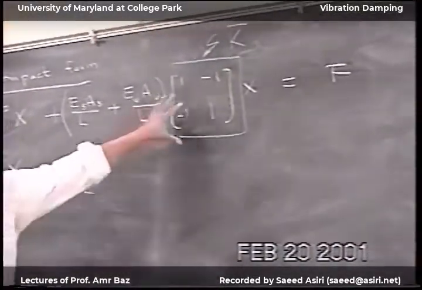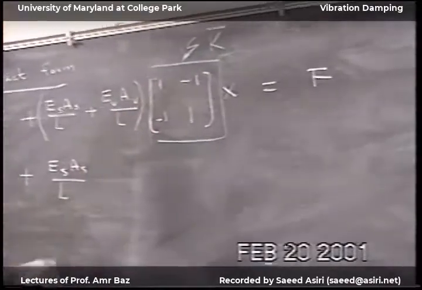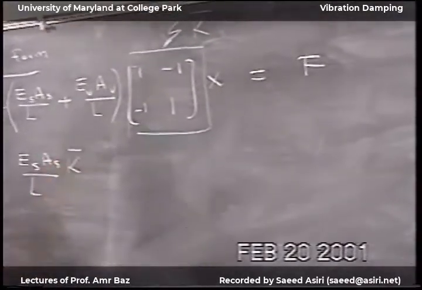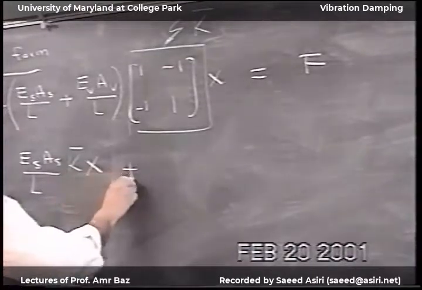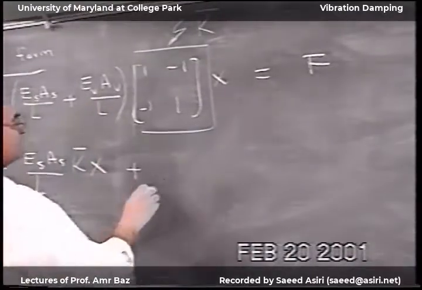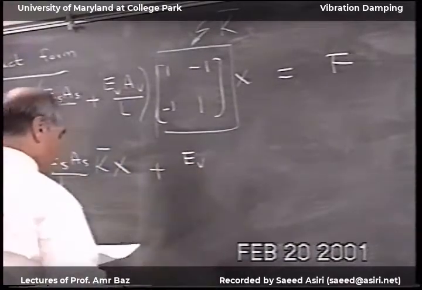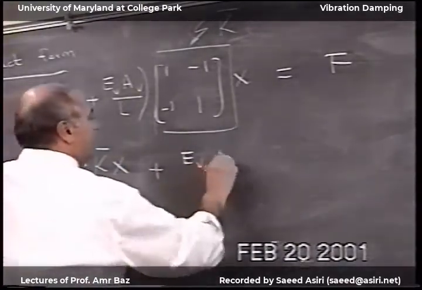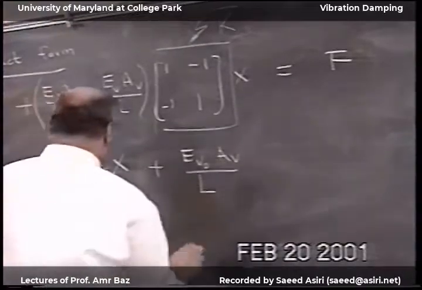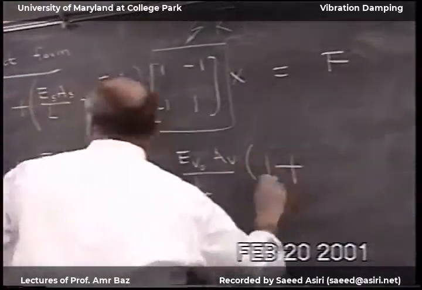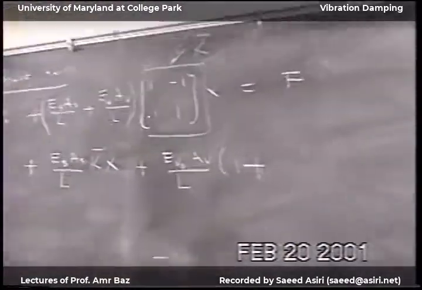I'm taking only this matrix and I'm putting it in K bar. So this is K bar times x plus this is now E V0 A V over L times 1 plus this term.